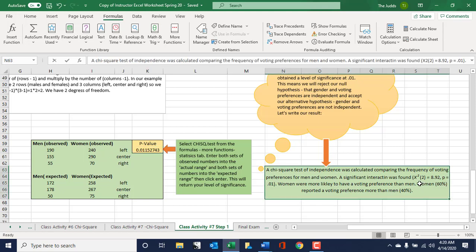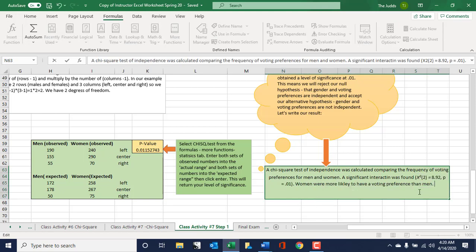Actually, that sentence right there doesn't make sense. Let's just take that out. I'm sorry, I'm taking that out too, because that just doesn't make sense either.